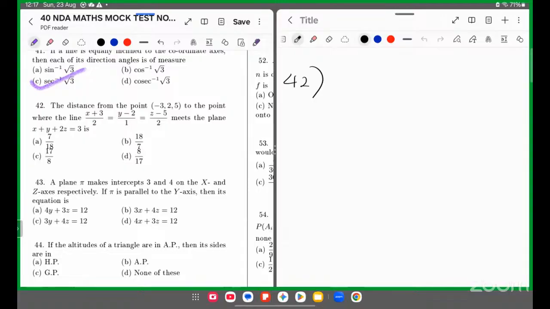A general point of the line can be written as x equals 2 lambda minus 3, y equals lambda plus 2, and z equals 2 lambda plus 5.